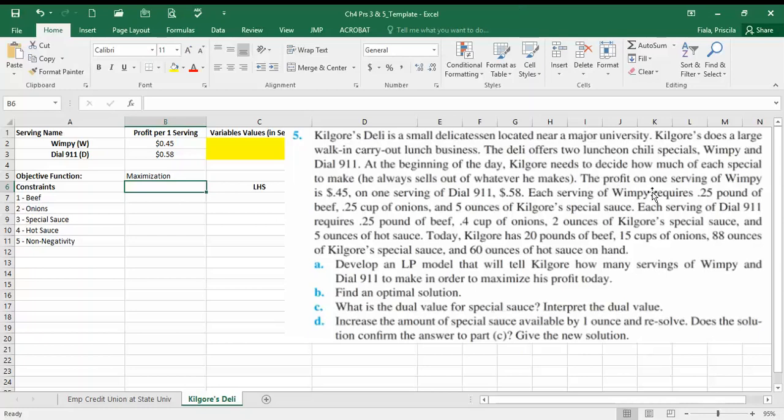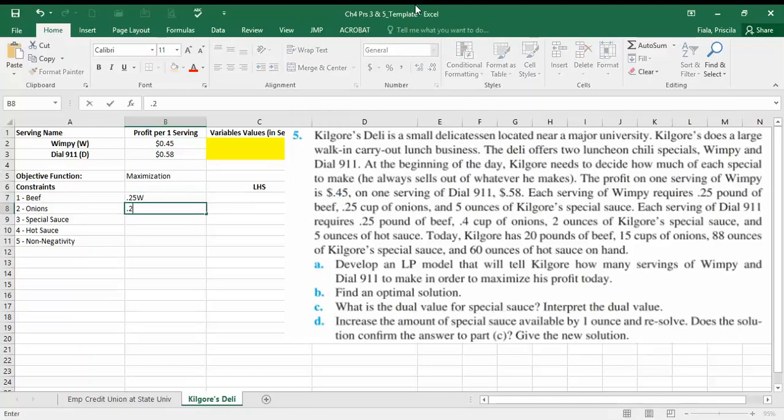So let's go ahead. The profit on one serving of Wimpy. Okay, then each serving of Wimpy requires 0.25 pound of beef. Okay, so the best way, I put it here, the constraints, and I'm going to do that. We have 0.25 Wimpy for beef.